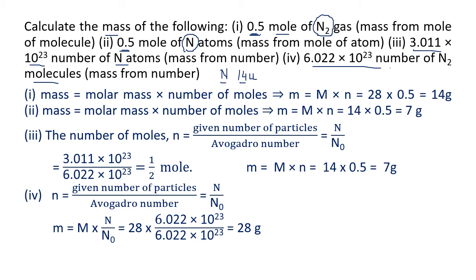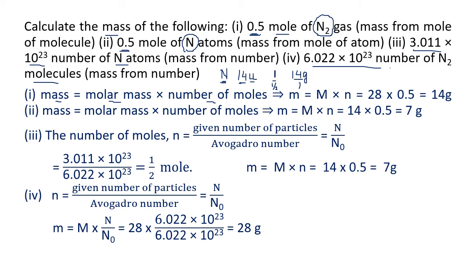So what is the mass of 0.5 mole? The atomic mass of nitrogen is 14 units. So 1 mole of nitrogen will weigh 14 gram. But we have to see only 0.5, that is half mole. How will half mole weigh? So mass is molar mass into number of moles.